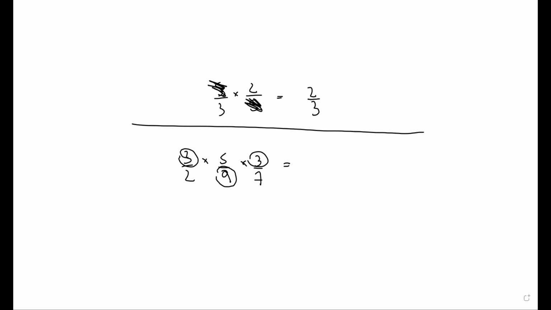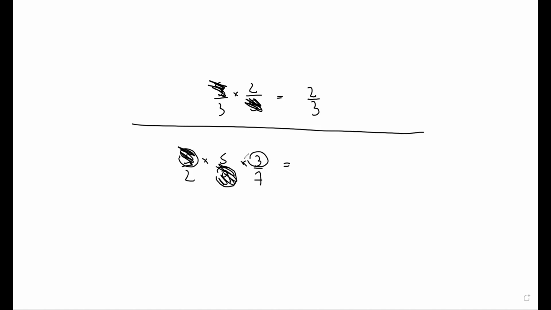Let's see. And someone said 5/14 will be the answer. Yep, exactly. So let's scratch these out. And again, as long as it's the equivalent of the same number. If you only scratched out the 9 and only one 3, that's not okay, because you took a 3 out of the top and a 9 out of the bottom and you changed your fraction.